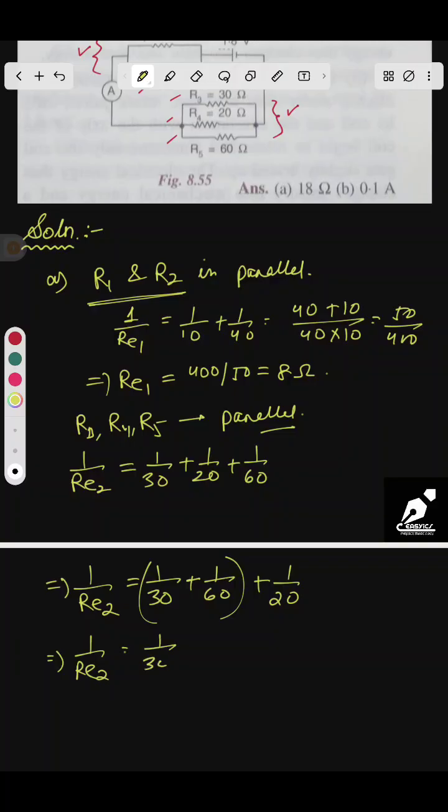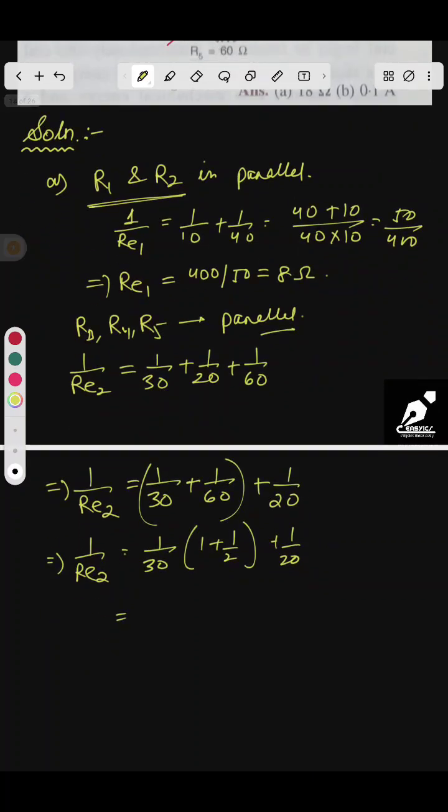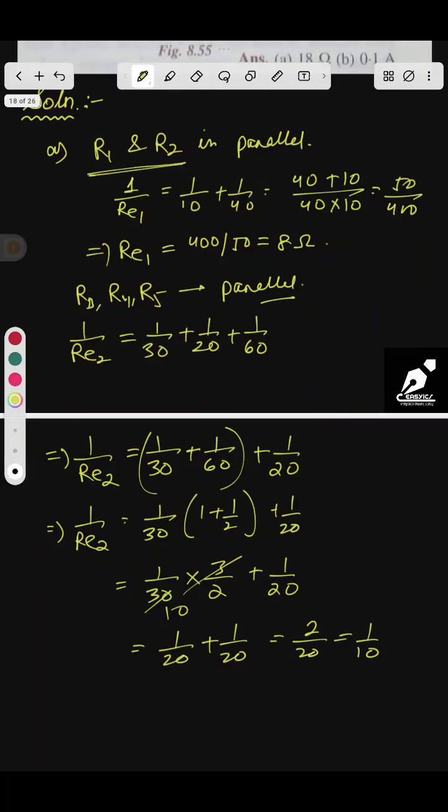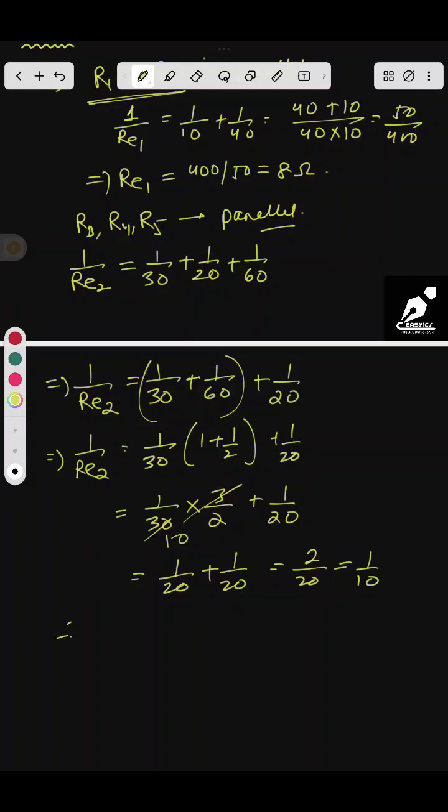If we take common 1 by 30, it will be 1 plus 1 by 2 plus 1 by 20, and it will be 1 by 30 into 3 by 2 plus 1 by 20. It will give us 1 by 20 plus 1 by 20, 2 by 20, 1 by 10. Therefore, R equivalent 2 came as 10 ohm.